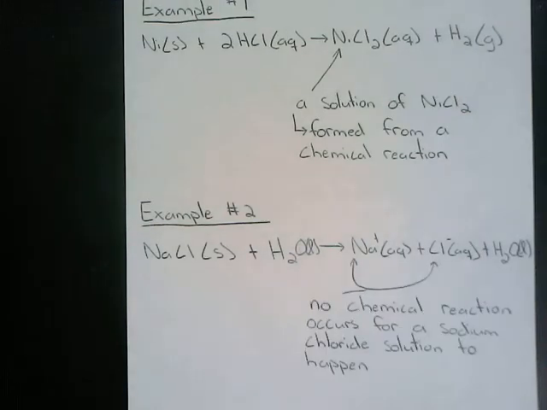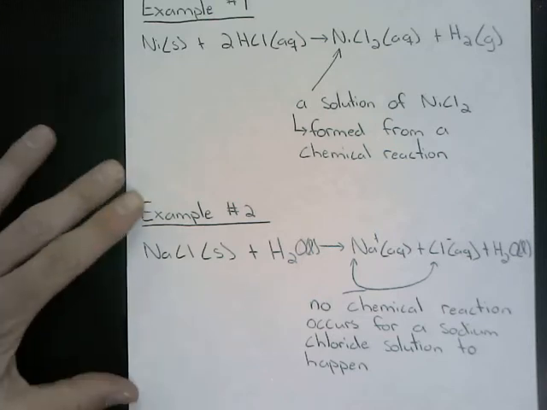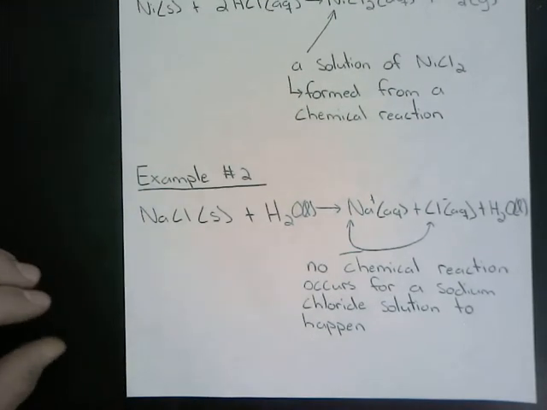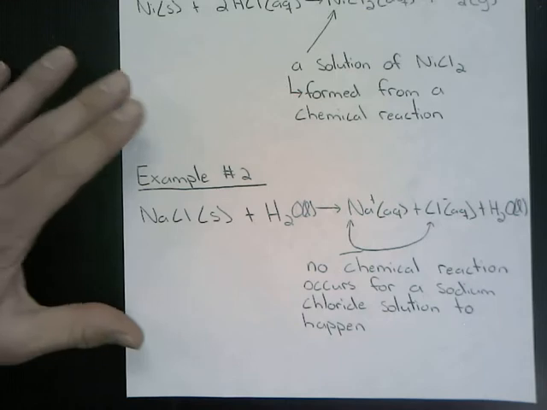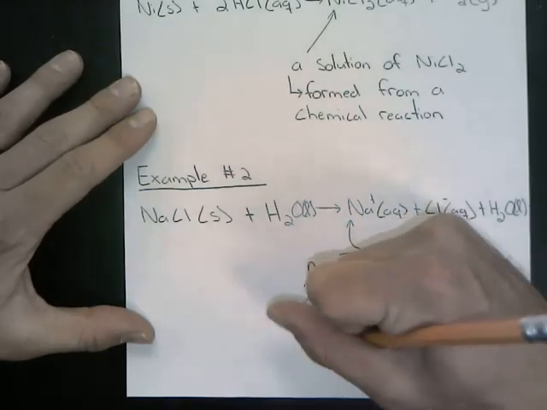So what happened here is this. We did not have a chemical reaction, and that's because substances didn't swap places, they didn't trade partners or go through a chemical reaction. We had a solution formed by physical processes.